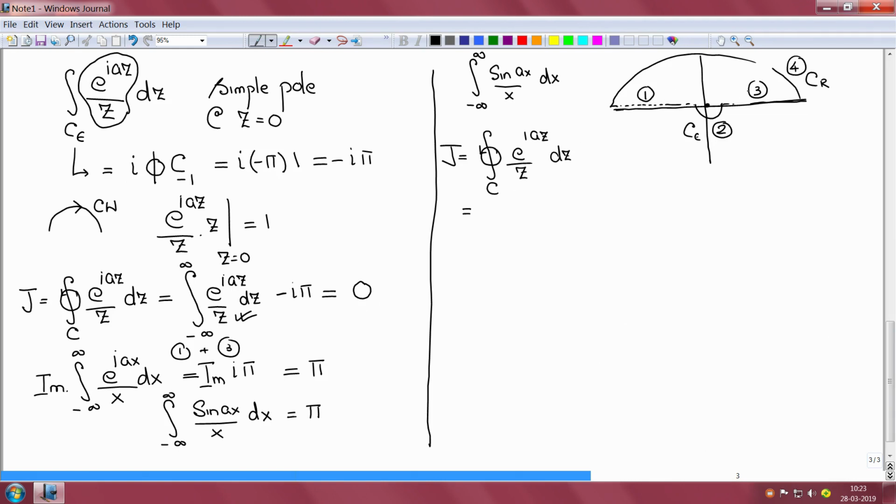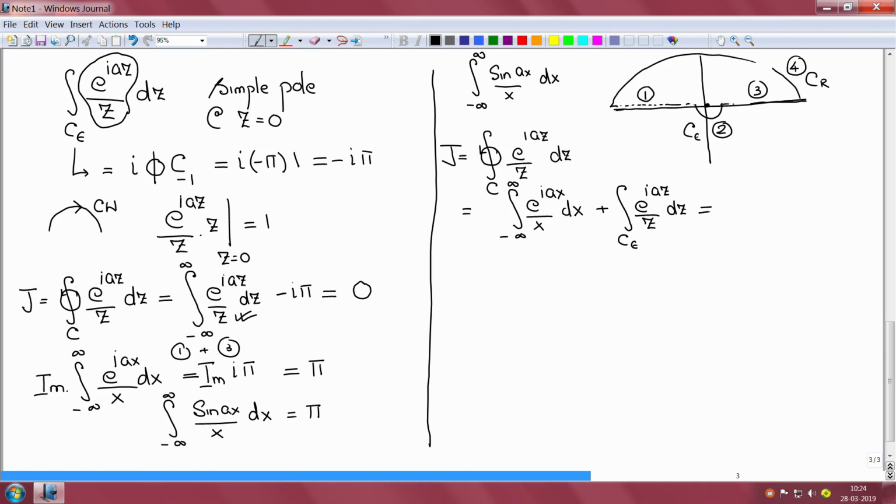The first and third portions give me what I want: integral minus infinity to infinity e to the power i a x by x dx. And then we have the C epsilon portion plus the integral over C epsilon of e to the power of i a z by z dz. Then the CR goes to 0 here also using Jordan lemma. So, we won't include that.